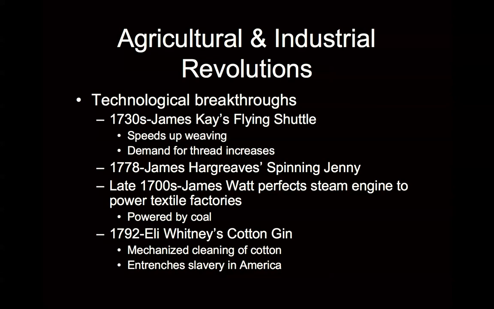And as cotton demand goes up, the demand for raw cotton also went up, which meant slavery in America, which people thought was on its way out, became much more entrenched because now you needed that slave labor to pick the raw cotton to feed the global demand for cotton.